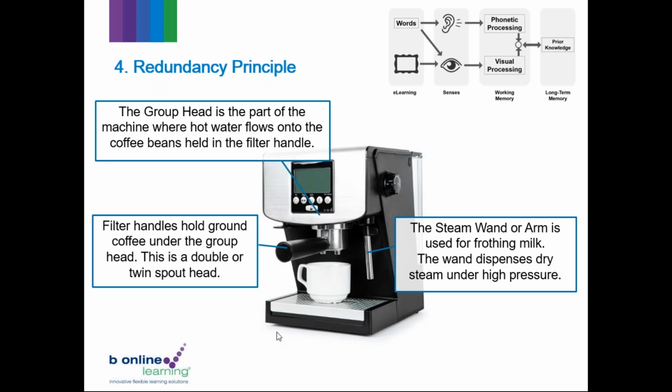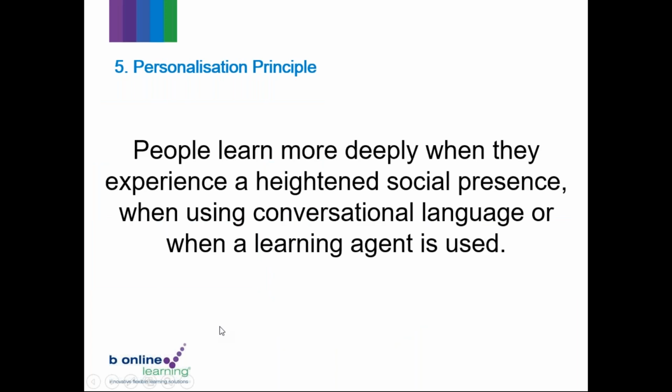Okay, folks, we've got one more principle to go, and that is what's called the Personalisation Principle. Now, it is related to the cognitive architecture model, so some people did some research to find out whether the way the words and the text are written can help with the way people process.